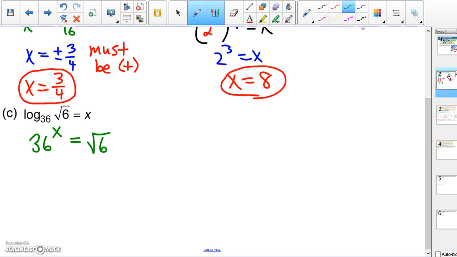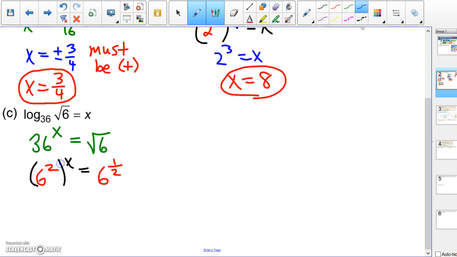It seems pretty easy to change the 36 into a 6. I can say 6 squared to the x equals, and then a square root is like the 1/2 power. So 6 squared to the x equals 6 to the 1/2 power.